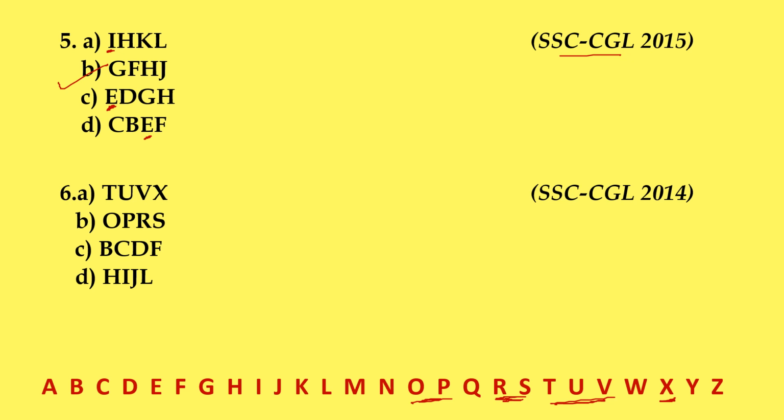Let's see option C. B, C, D. And after that, we skip a letter and we have F. So I find this option C similar in pattern to option A. Let us check with option D also, H, I, J. And then we skip a letter and we have L. So that is option D, again similar to option A and option C. That means in option A, C and D, the pattern being followed is the same, but in option B, the pattern is different.